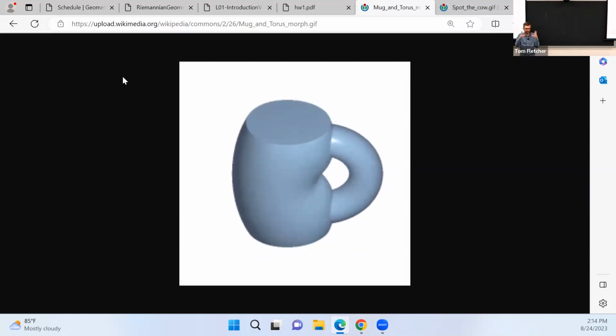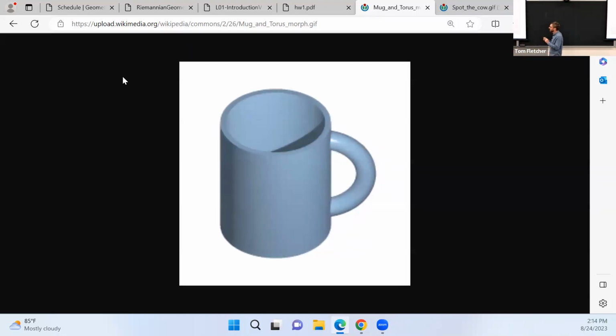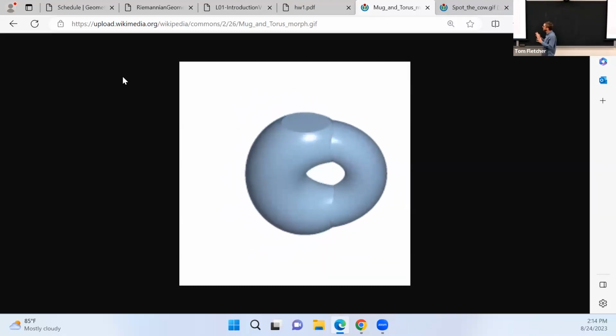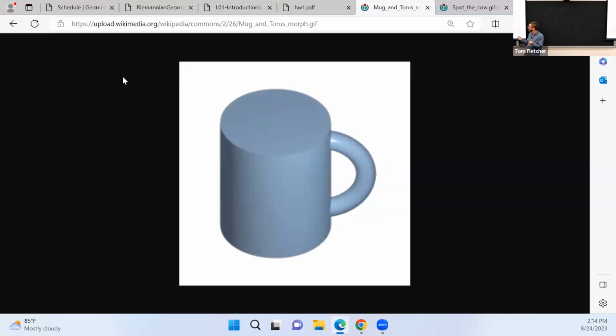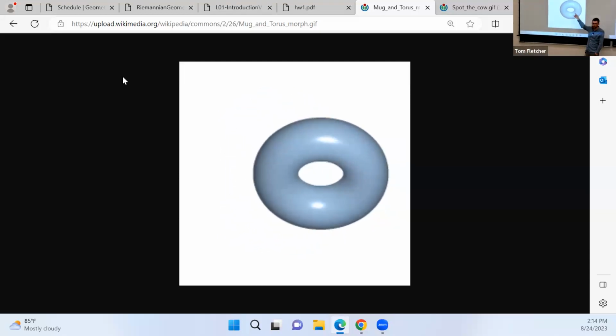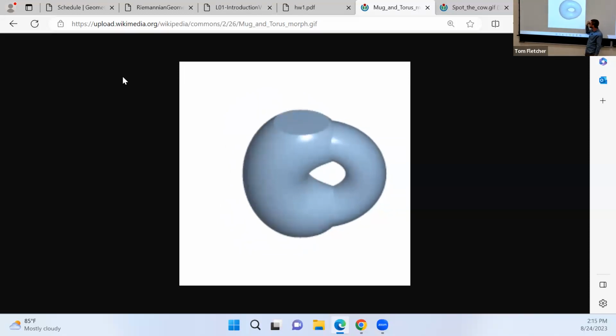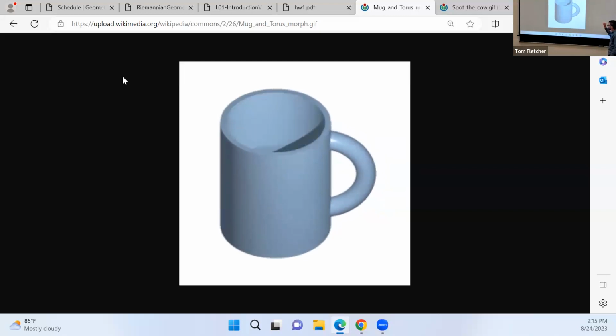So I've got one piece of clay. This is an oversimplification of topology, but generally speaking, all of those things would be the same topology if I do that with clay. Here's an example: a coffee mug is topologically equivalent to a solid donut, the solid interior of a torus.